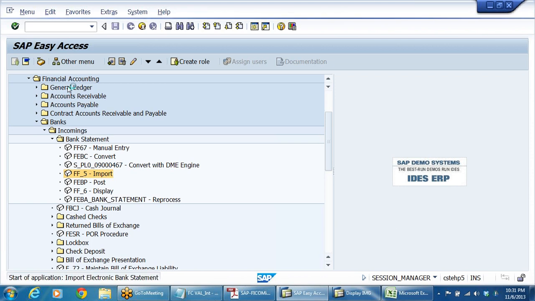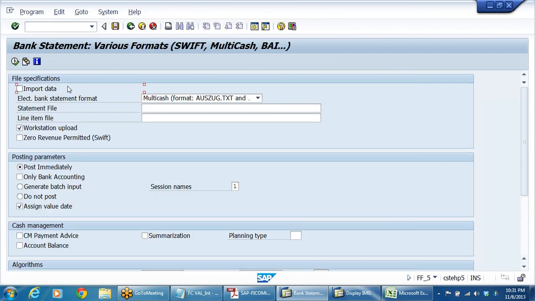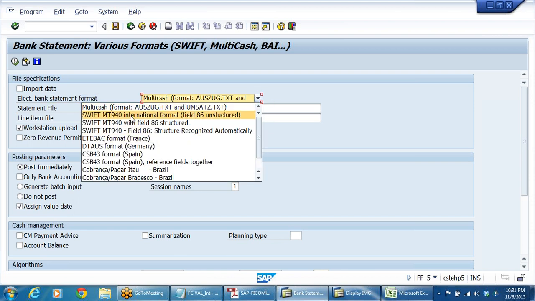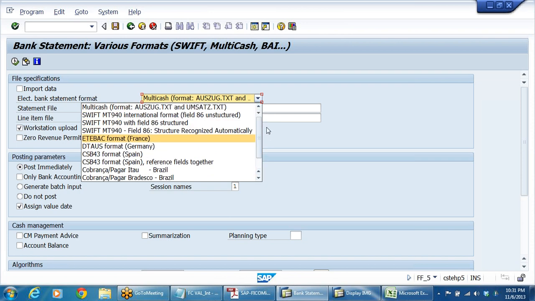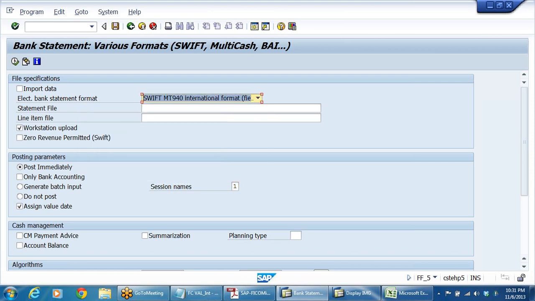FF_5 import. That text format has to be kept on our desktop and we have to upload it. Electronic bank statement format: MT940, international format, Swift MT940 with field 86 structured, recognized automatically. And one more format, cash 20. Anyway, leave it. MT940 is the famous statement.